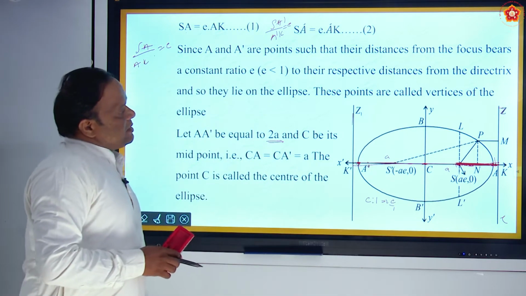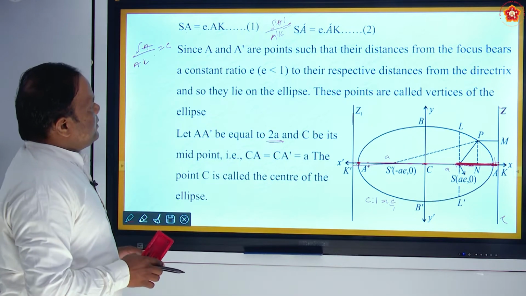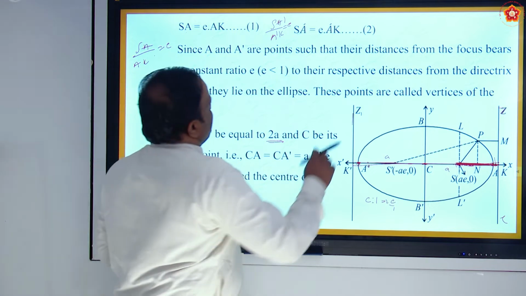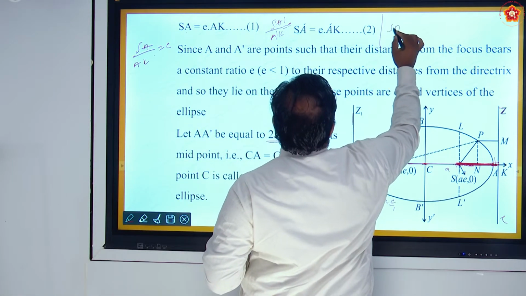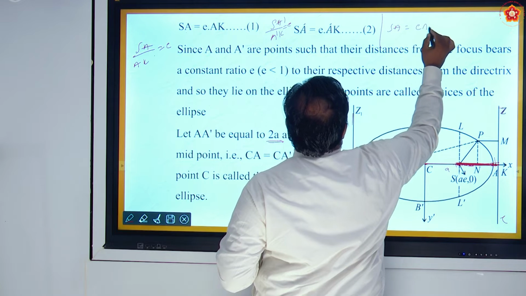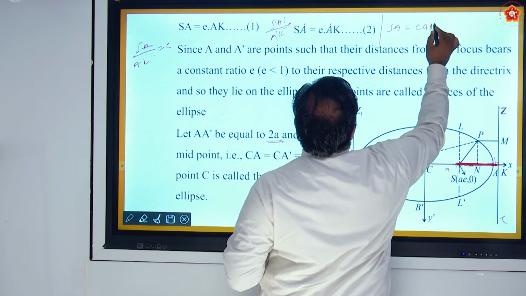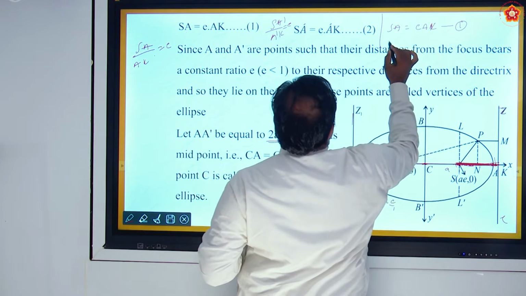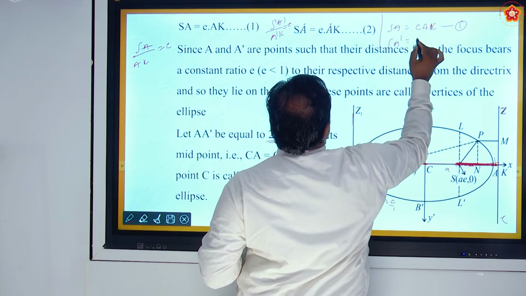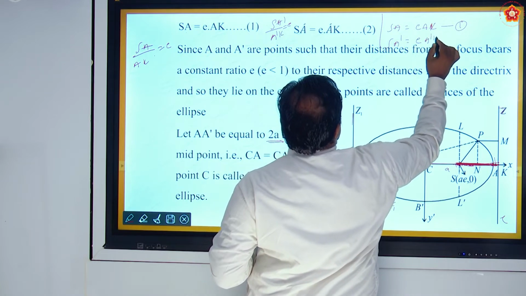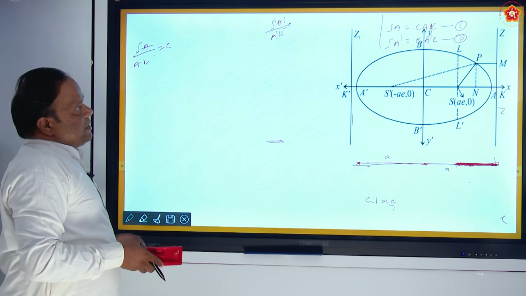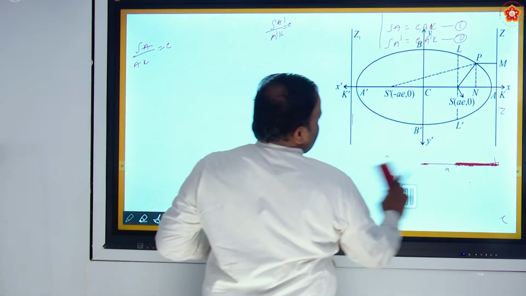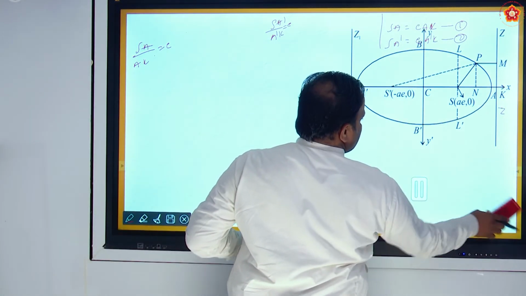Let us start with the derivation. Once again I write the equations here. Equation number 1 is SA is equal to EAK, and the second equation is SA dash equal to EA dash K, equation number 2. The figure is very important.